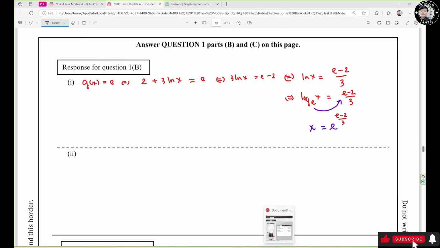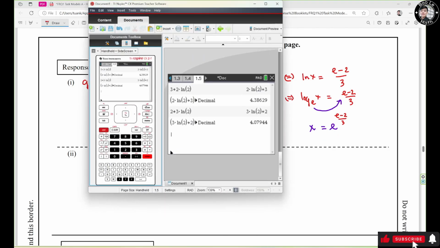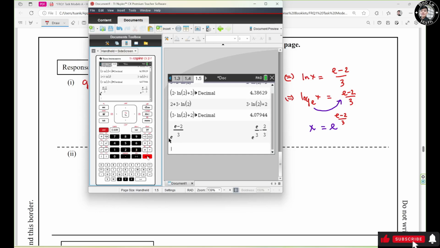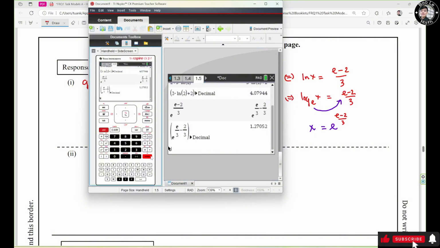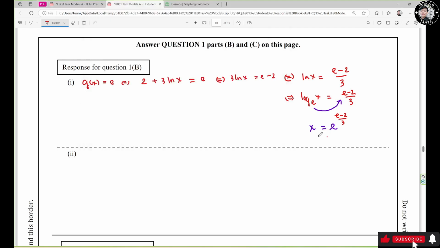Now we just bring up the calculator. You hit enter. Right, so it's going to be an exact value. You hit menu, number, convert to decimal, hit enter. The answer is 1.270.